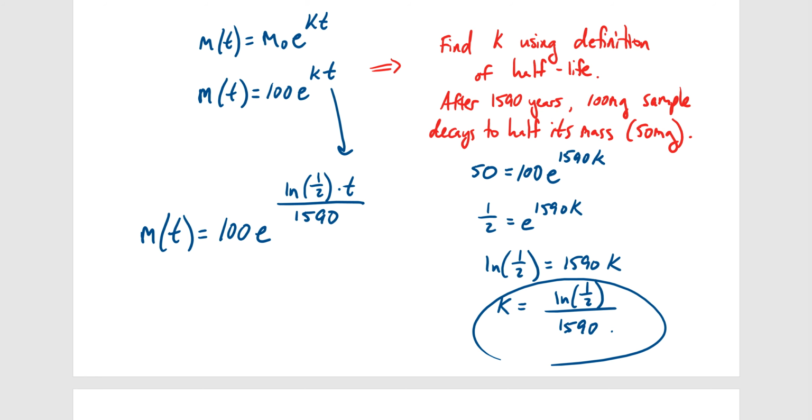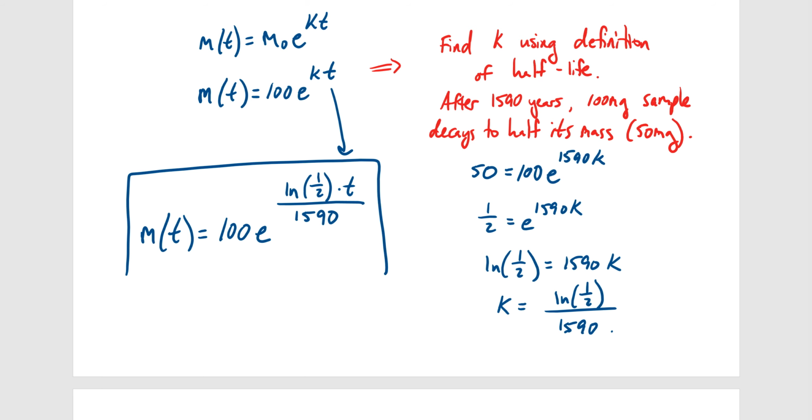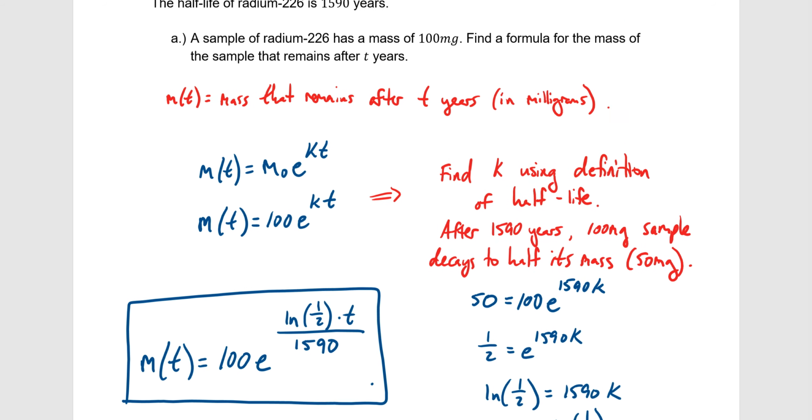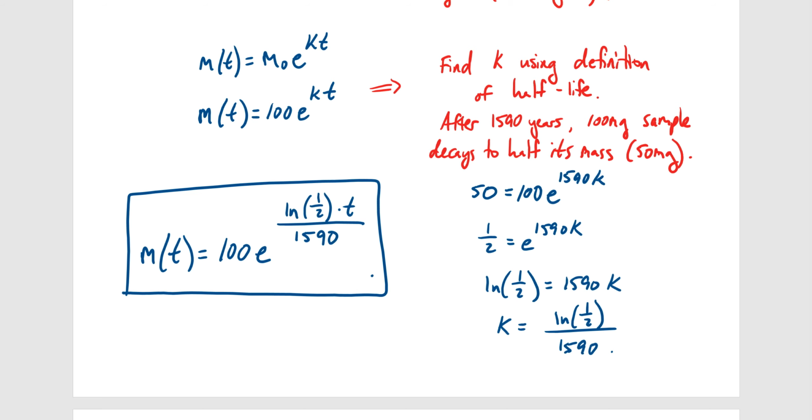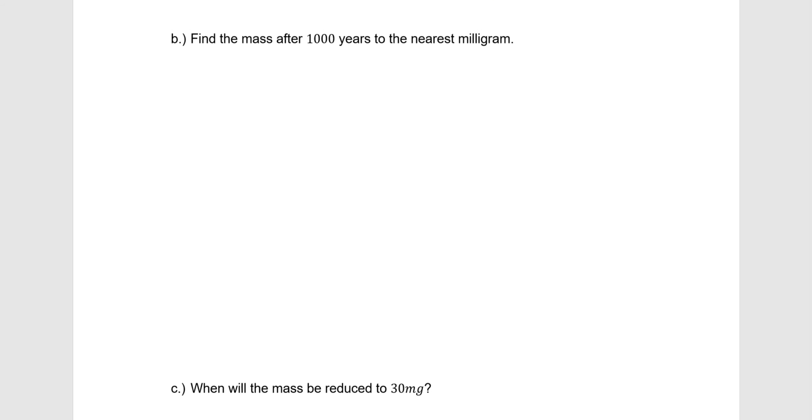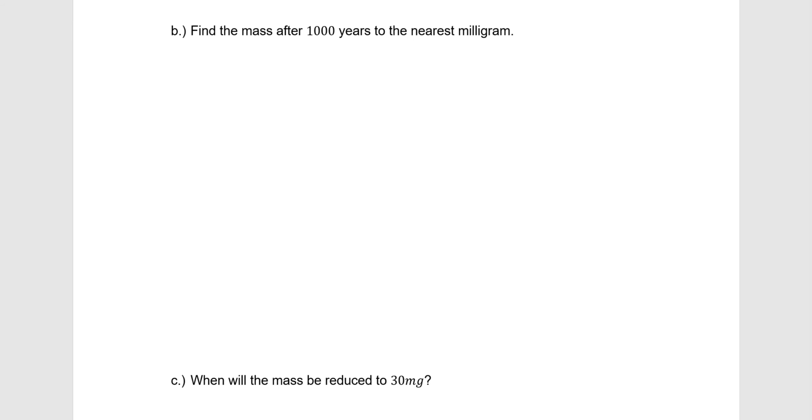You could type it in the calculator again like the other one that we did and round it. I'm just showing that we can actually do this without the calculator for now anyway. Okay, so what we just found is the formula for the mass of the sample that remains after t years. Okay, so let's go ahead and do a couple questions based on this.